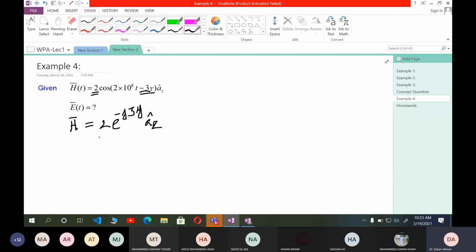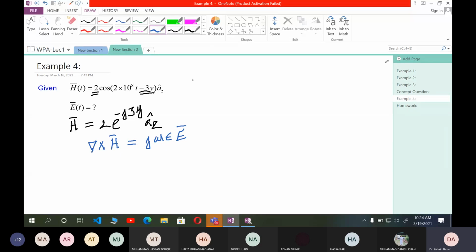Next, we have to use the Maxwell equation in phasor form to find the electric field from this H. So which equation should I use? We are given H, so we should use the curl of H equation. So curl of H is equal to rate of change of D, j omega epsilon E. So this is our equation.